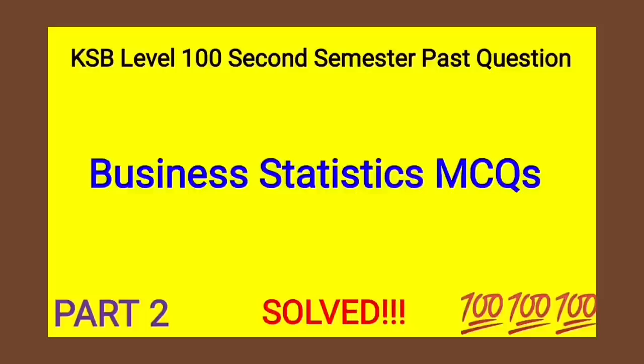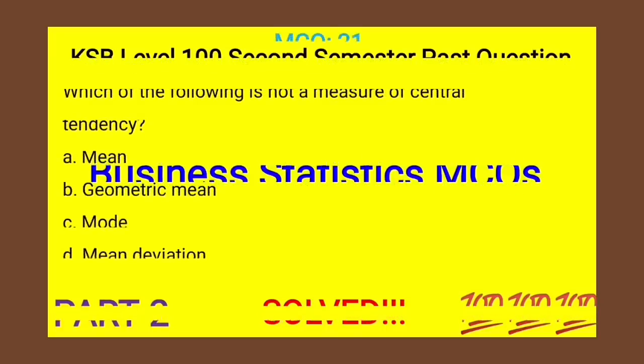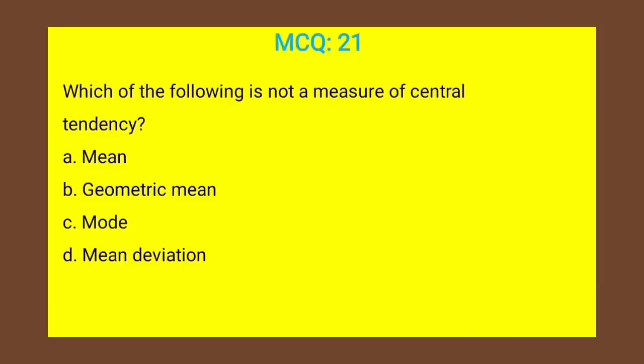So without wasting time, let's go straight to part 2 of the business statistics MCQs that we are solving. As we started in the previous video, I've given a link in the description section. You can check it. We had the first part with questions 1 to 20, and we are just continuing in that form.